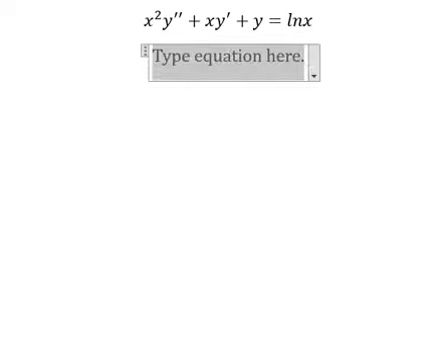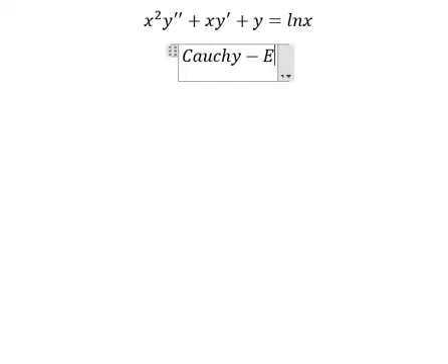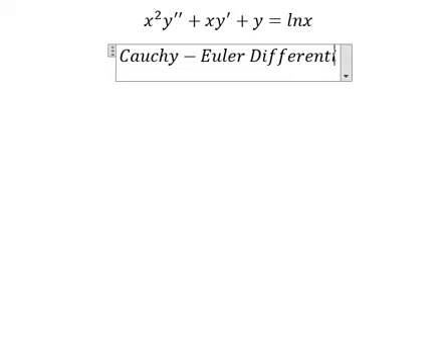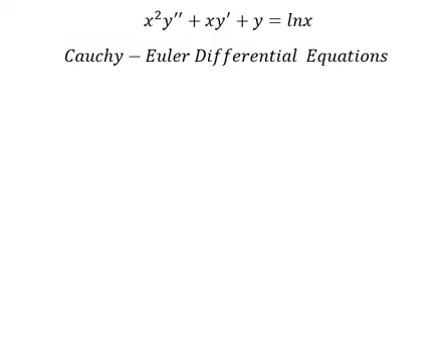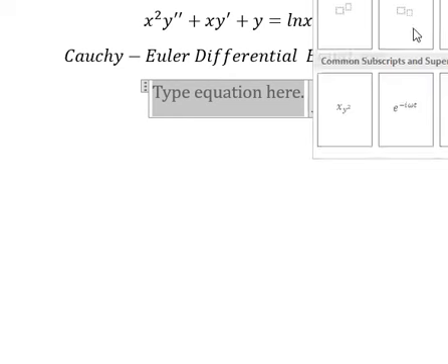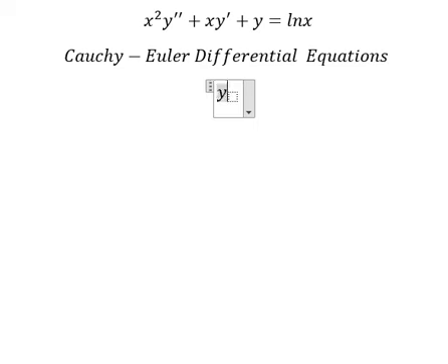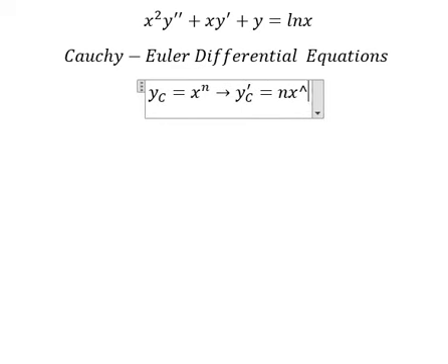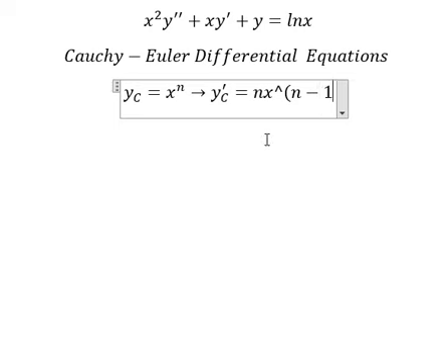We can use Cauchy-Euler differential equations. So I will put yc as s to the power of n. Later we need to do first the derivative of this one, and that is n s to the power of n minus 1.